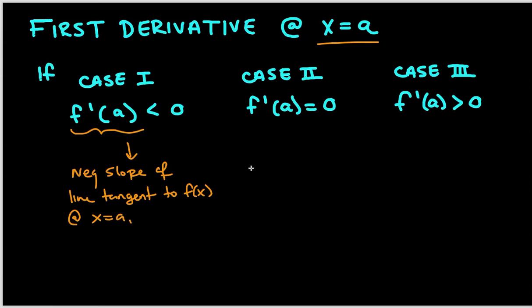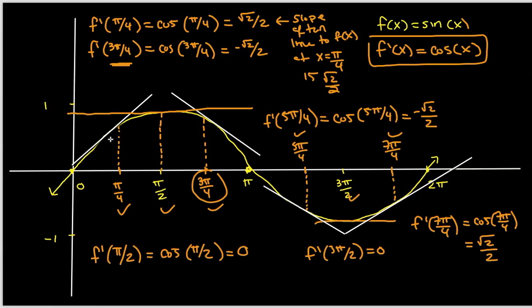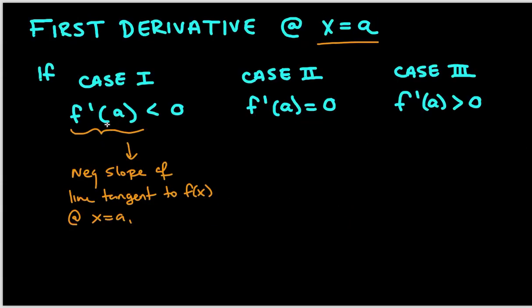So when we went to x equals a, whatever a was, and we drew the dotted line vertically, and then we took the tangent line, we saw that it was negative when f prime of whatever we were doing was less than 0.